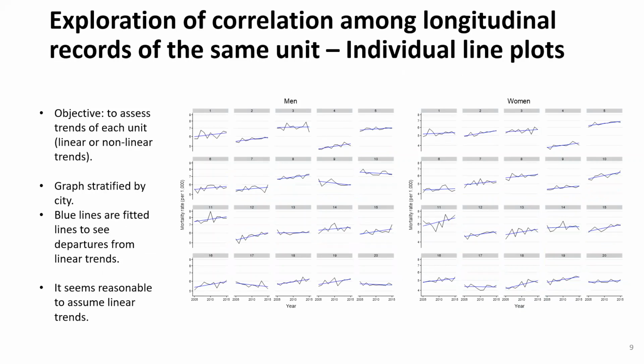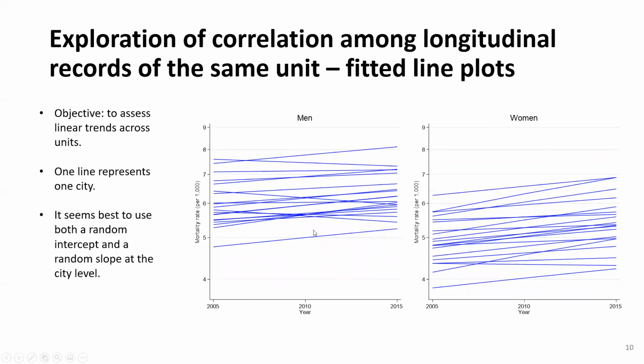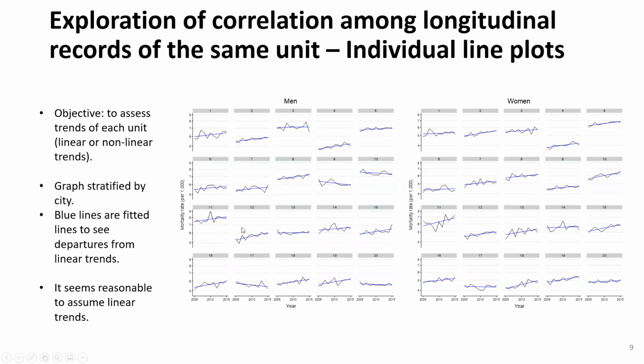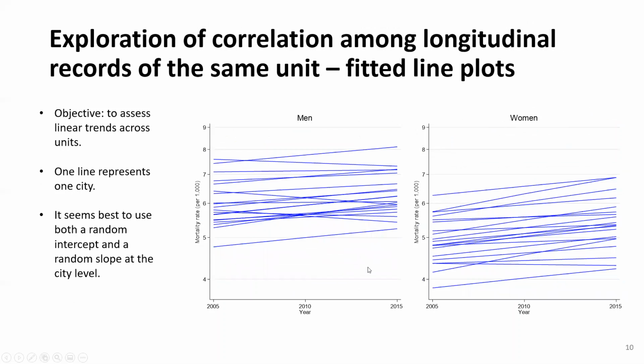Then we fitted the line and superimposed it. It's very obvious that in the initial year, each city has different mortality, ranging from around 4 up to 8.